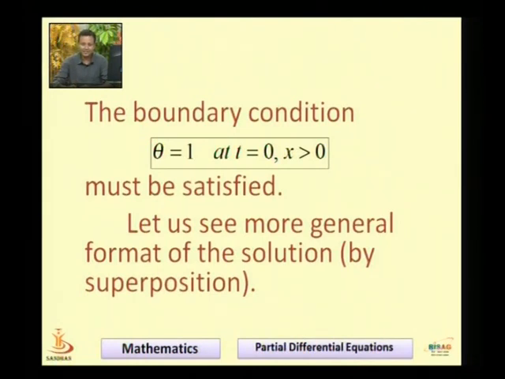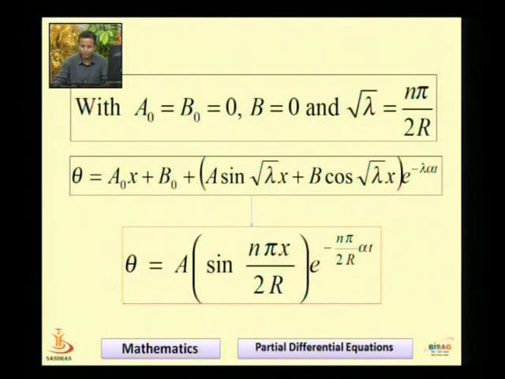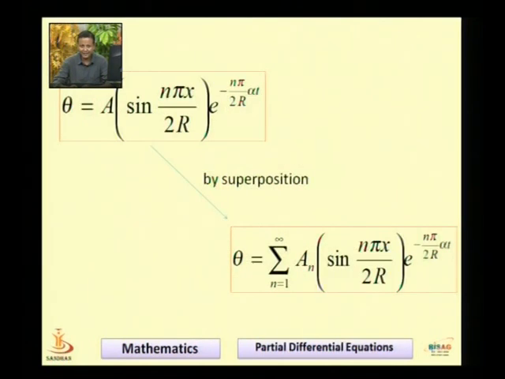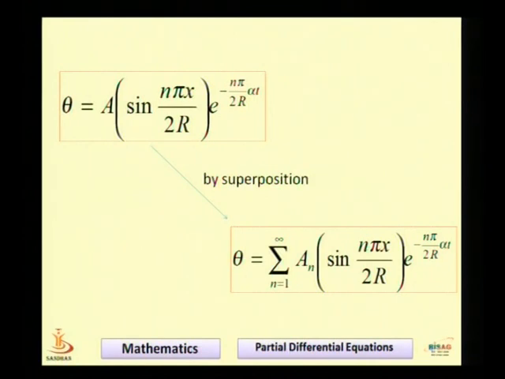So let us see a more general format of the solution by the principle of superposition again. In the last solution, a is an arbitrary constant, and for a we write a_n, and then by superposition this takes the form summation n equal to 1 to infinity a_n sin n pi x by 2r e raised to minus (n pi by 2r)^2 alpha t.